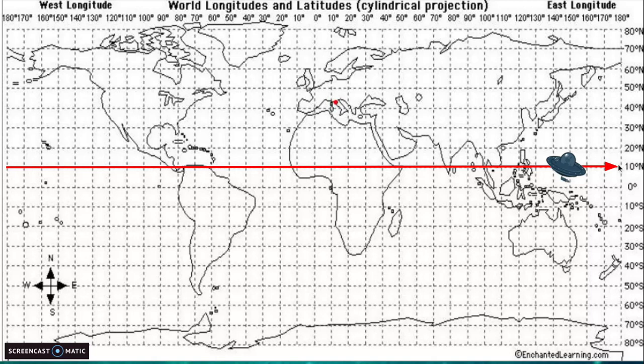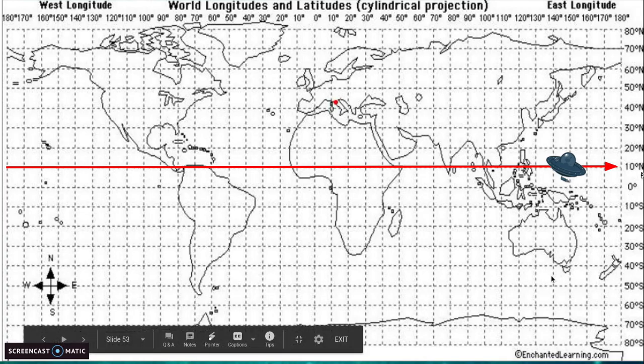And you will find that Fred is at 10 degrees north. Does everybody see how I did that? All right, remember, lines of latitude go side to side. There's Fred. So he's at 10 degrees north. And remember, lines of latitude north, here's the equator, and then south.